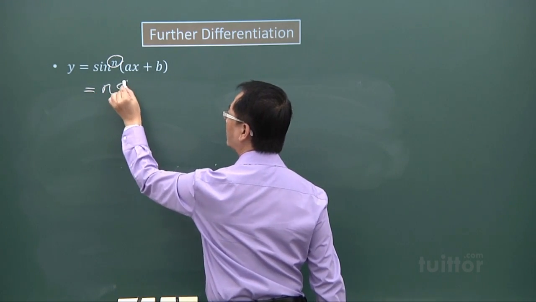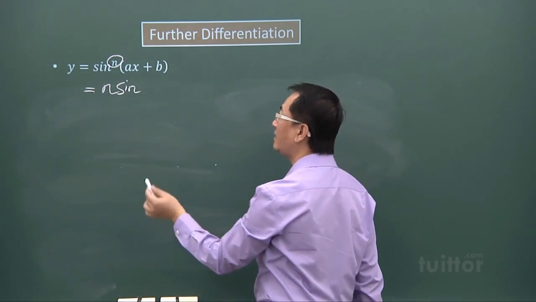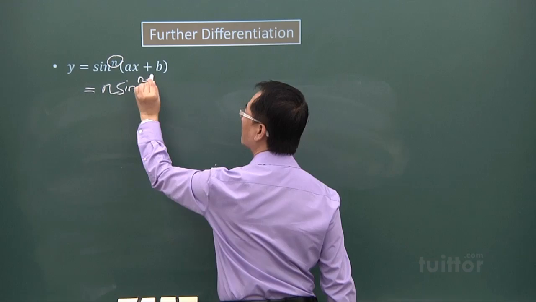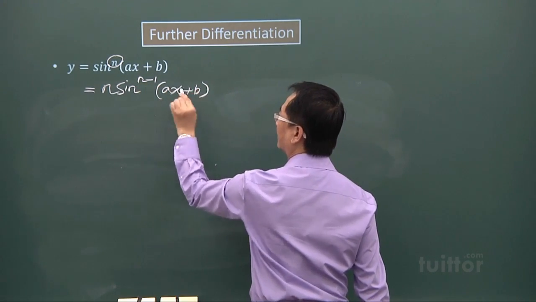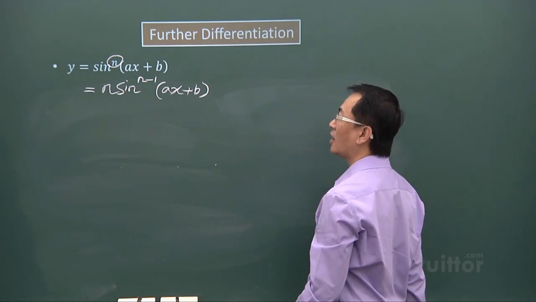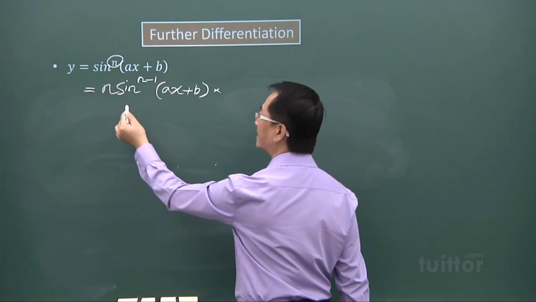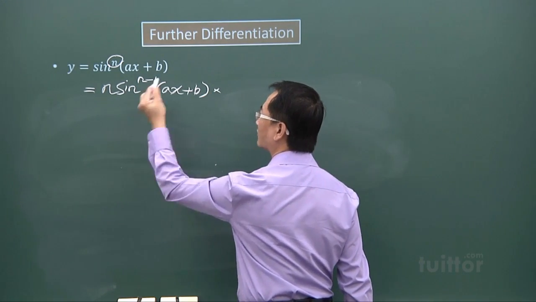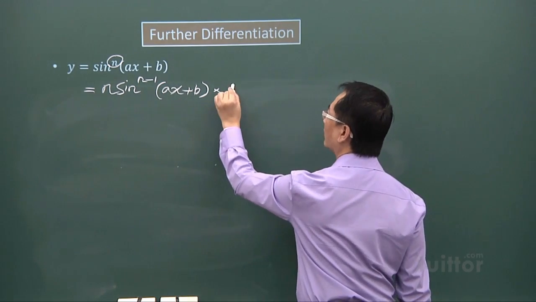Now, when you differentiate it one time, your index is reduced by 1. So you have n minus 1. The angular expression remains the same. But you have to consider the differentiation of sine, just the sine. You have cos.